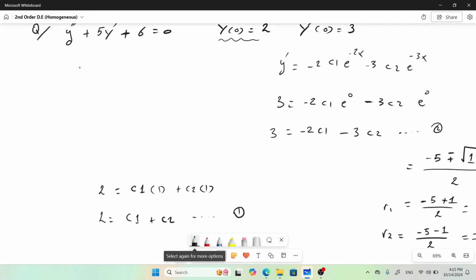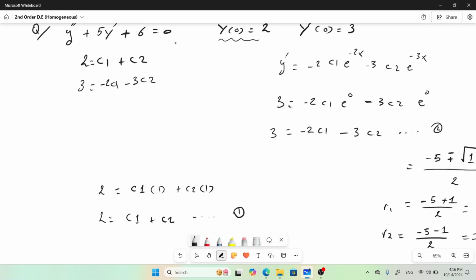So we have 2 equal to c1 plus c2, and 3 is equal to negative 2 c1 minus 3 c2.